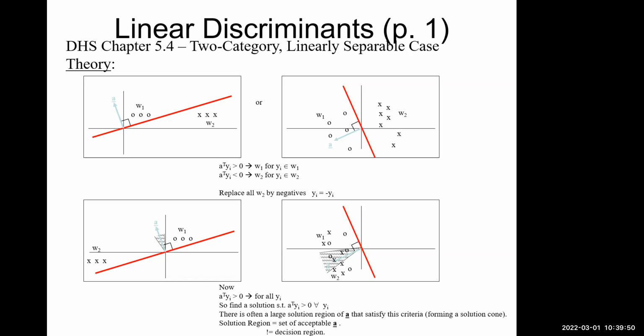Where I confused you was saying it was a lot easier for us, instead of having the two conditions, which is choose one thing if we're in class 1 to be bigger than 0, choose the same thing to be less than 0 if we're in class 2.